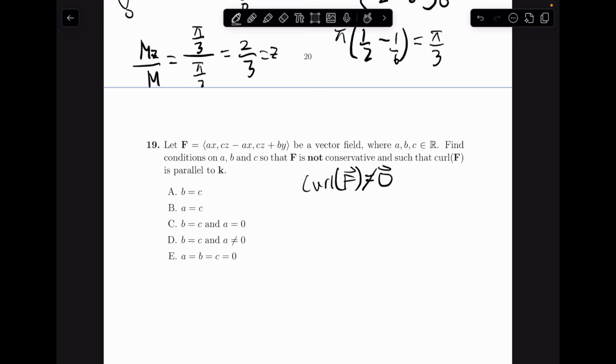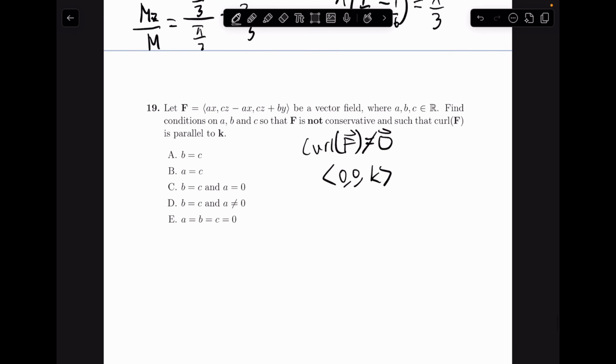What does that mean? That means we want curl F to be a vector where the x and y components are equal to zero. We want 0, 0, and just some constant. We use 0, 0, 1 as an answer, but 0, 0, 2 is also an answer. So something like 0, 0, K, where K is a constant.